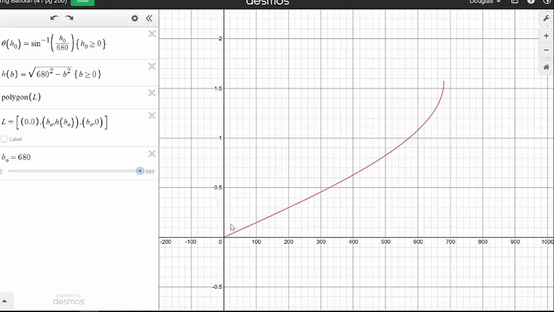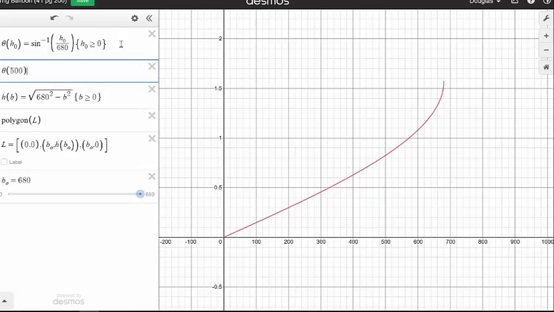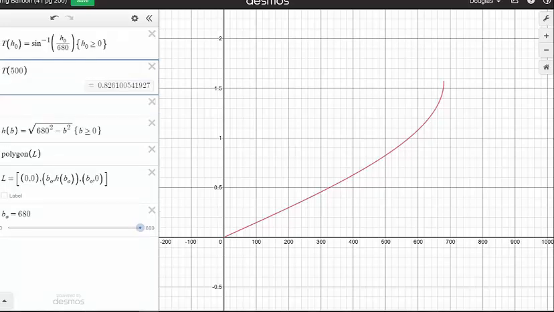All right, so the next part of the question was, what is the angle when the height is 500 feet? So for this, we just take our function and plug in 500. Desmos doesn't like it if you use theta, so I went ahead and changed it to a t here and here.